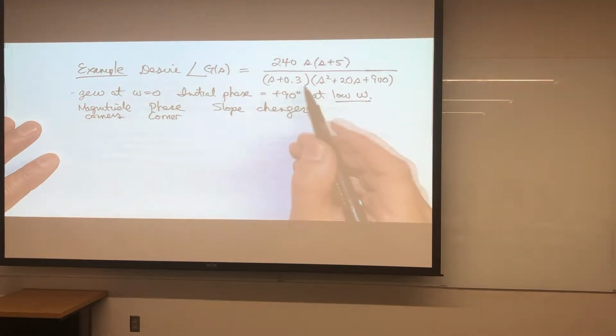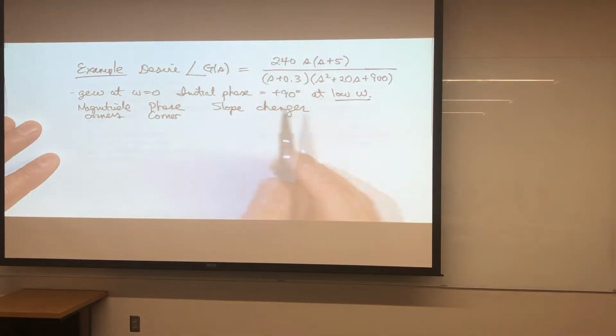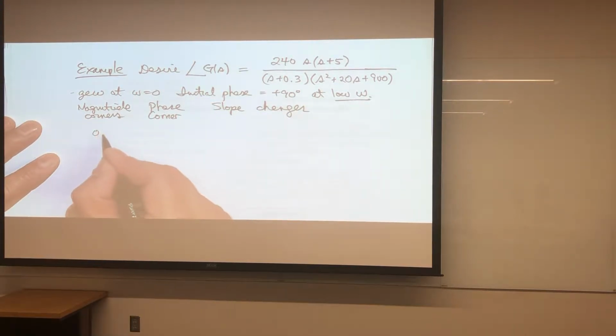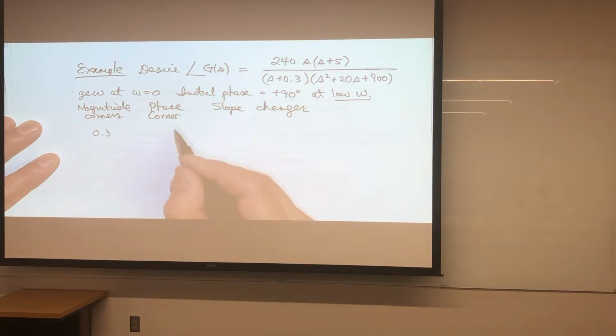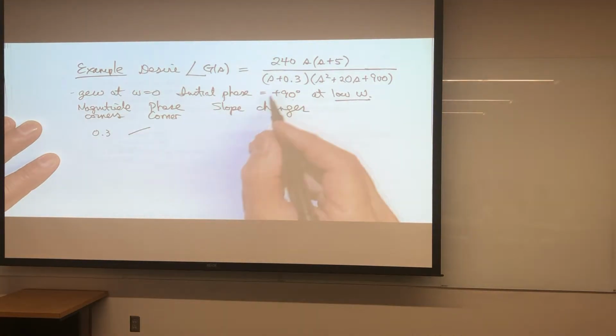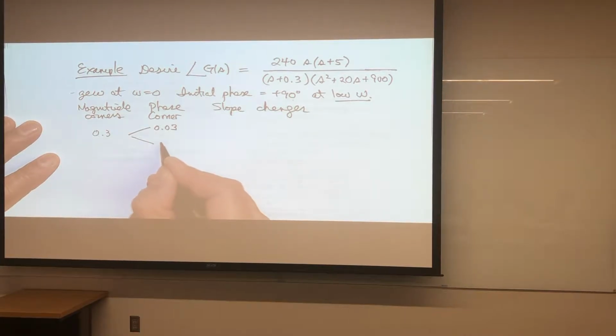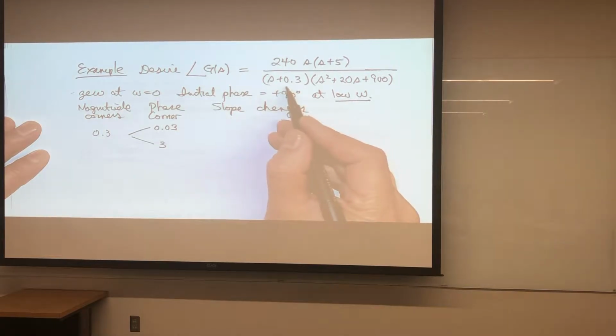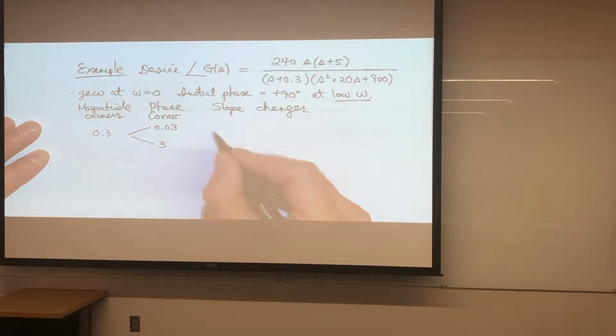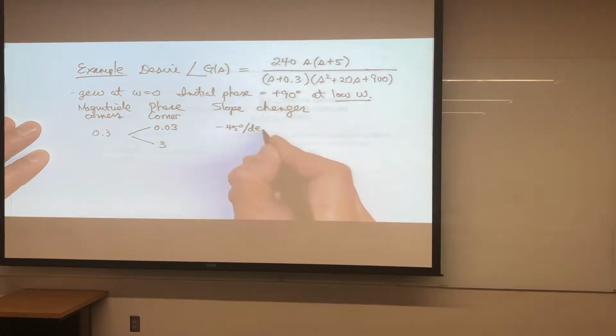So let's see, I've got a corner here at 0.3 in the magnitude. 0.3 gives rise to 2 phase corners, a decade below, which is 0.03, and a decade above, which is 3. This is a pole, so the slope change here is negative 45 degrees per decade.